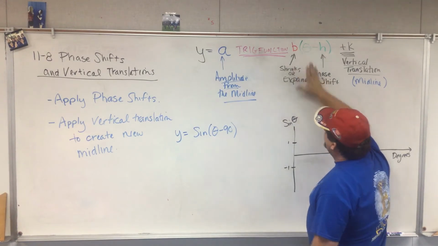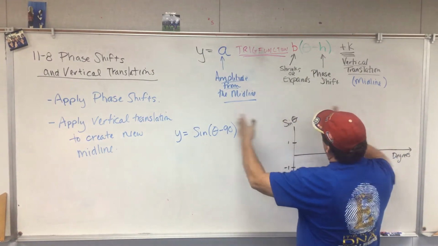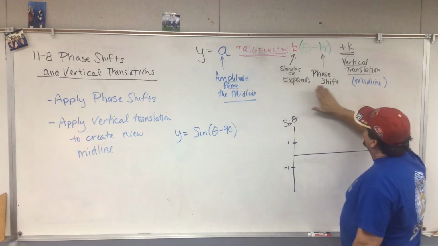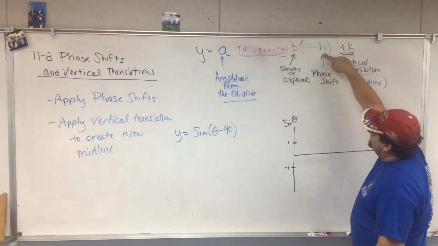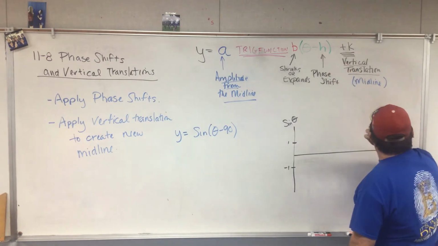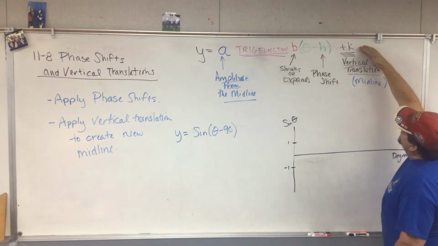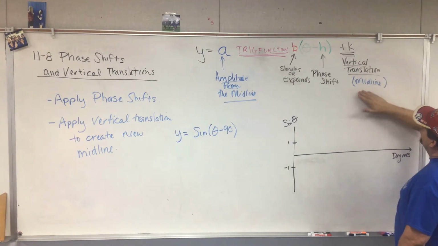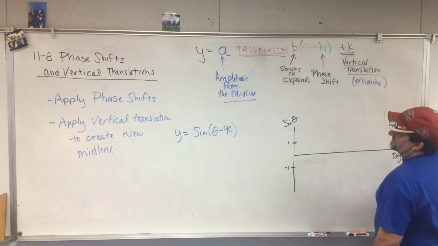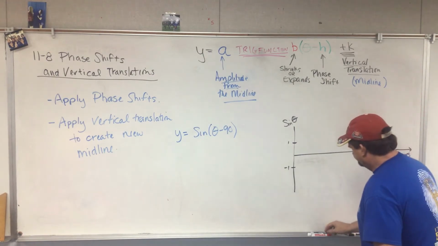Don't forget B, it either shrinks the period or expands the period. Our phase shift is what we're doing that's new. H is our phase shift, and I'll show you how to find that. And then here's our new piece, which is called the vertical translation, and that's the K on the end. So we call that our midline. We'll work with that here in a little bit.